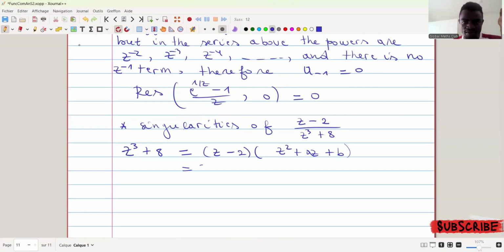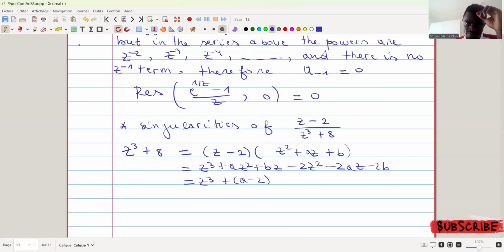So we have z cubed plus az squared plus bz minus 2z squared minus 2az minus 2b. So we take terms: we have here a minus 2 z squared plus b minus 2a z minus 2b.